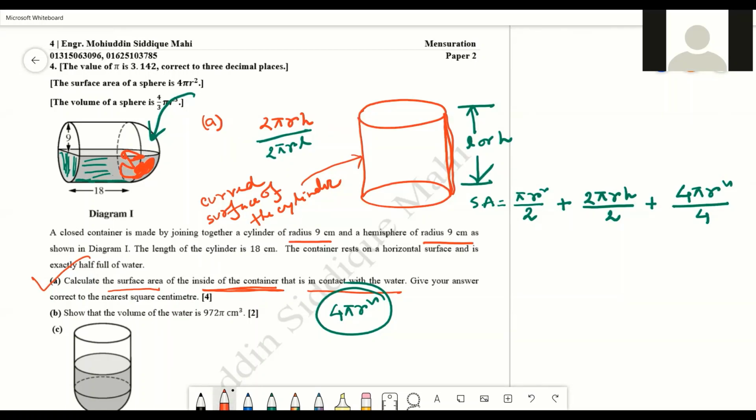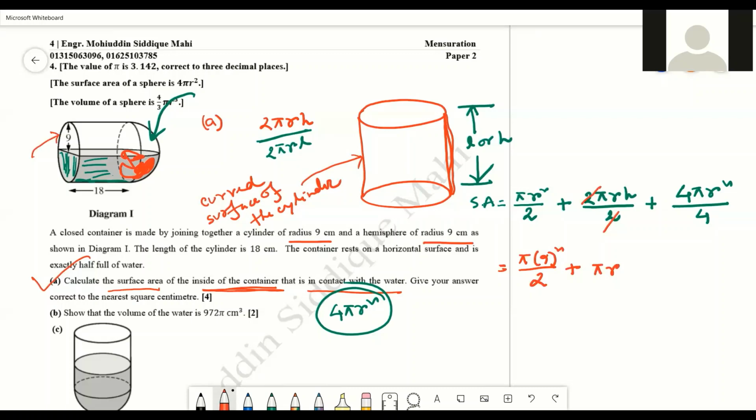Now we just need to put in the values, and you need to put the values carefully. The radius is already given, 9. You can see that from the figure. So put the values. We can cancel that too. Now this is paper 2, so you can definitely use the calculator. If it was paper 1 of the Cambridge O-Level Maths D question paper, then you could not use a calculator.